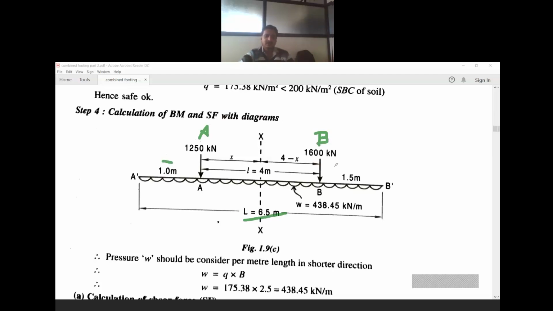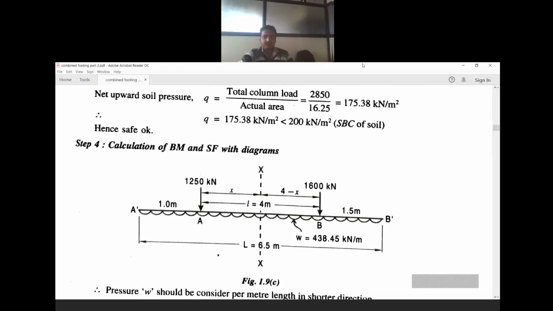Then you have the projection lengths as well, and the upward soil pressure. This upward soil pressure is per meter square, so it is distributed along an area.